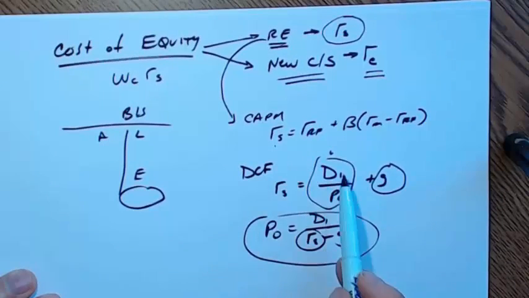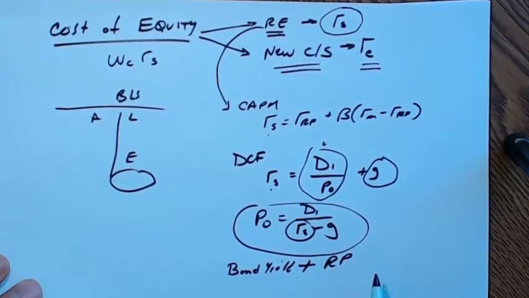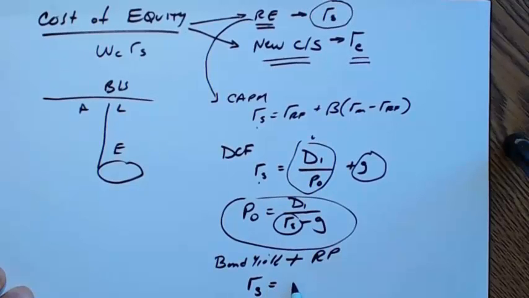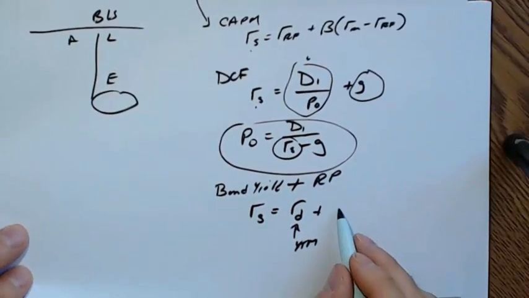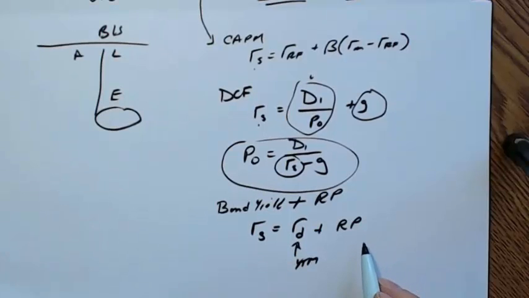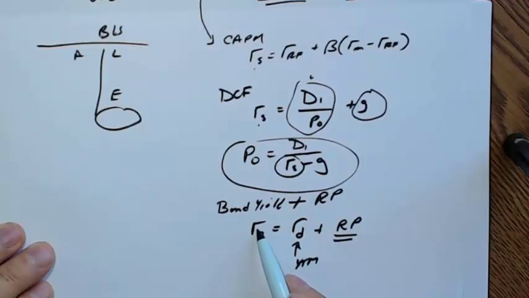Okay, so that's one method. A third method, which is pretty easy but hard to get actual numbers for, is the bond yield plus risk premium. That takes RS equals RD, basically the yield to maturity on the bond, plus a risk premium that's out there, which may be a little hard to estimate, but conceptually, the return on stock equals the return from bonds plus the fact that stock is a little riskier.